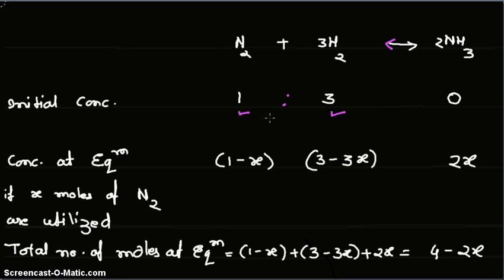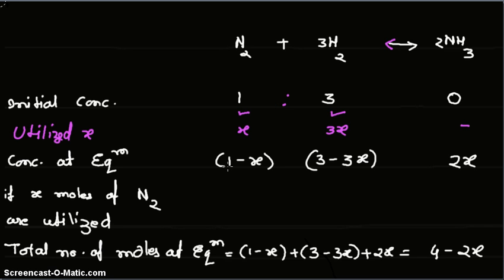As the reaction proceeds, we will assume that x moles of nitrogen are utilized. So the number of moles utilized: nitrogen x, hydrogen correspondingly 3x, nothing about ammonia.